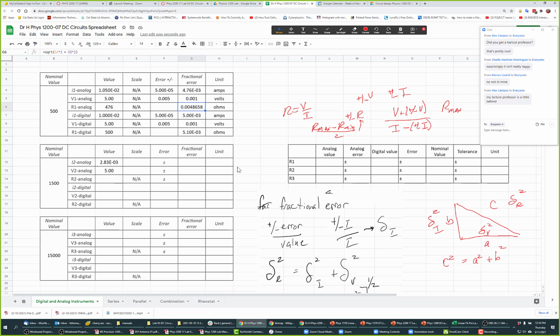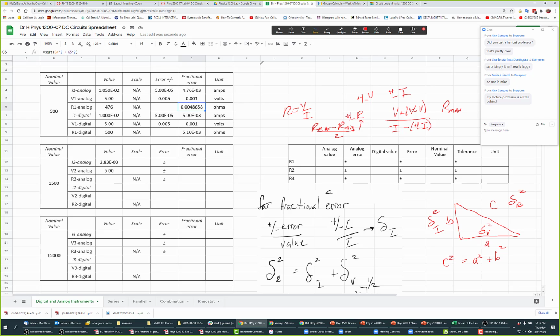And then, of course, because of the definition of fractional error, if I have the fractional error on R, I can get the plus minus by multiplying the fractional error of R times R, right?